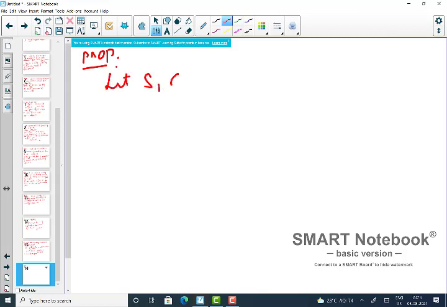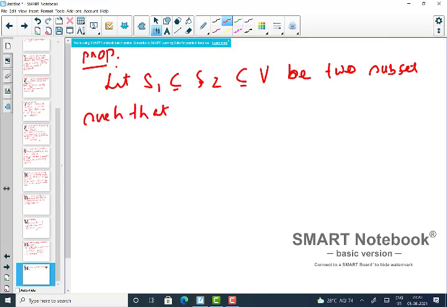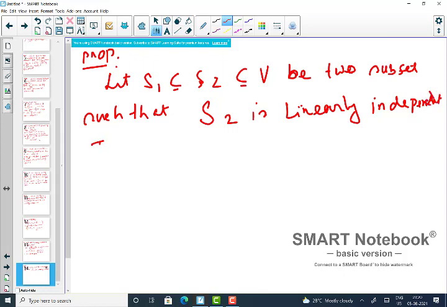So you have S1 a subset of S2 a subset of V, such that S2 is a linearly independent subset of V, then that implies S1 is also linearly independent, over the same field. I am not writing it, but when I say linearly independent, I mean over the field.